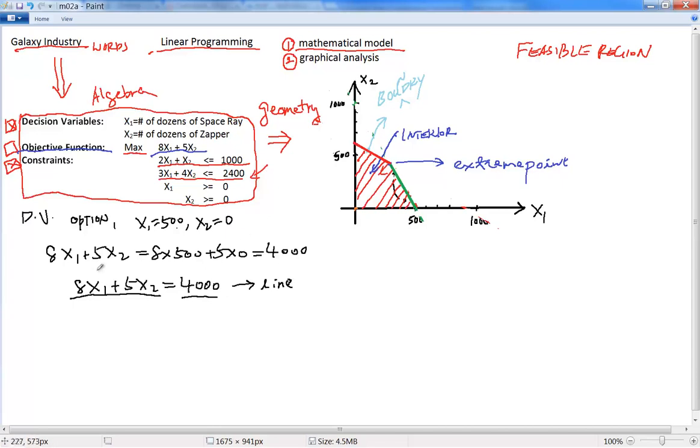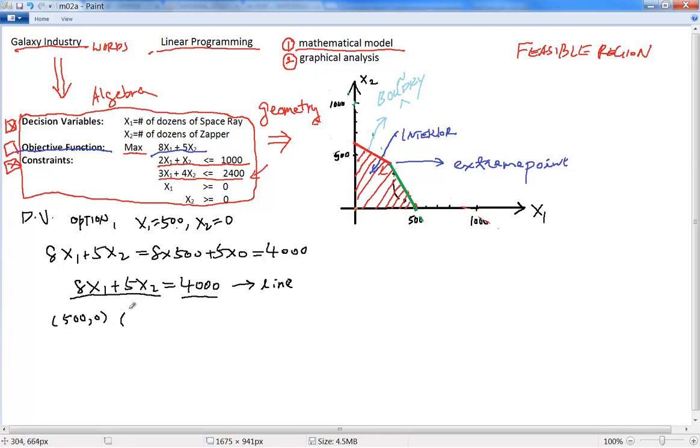We can find where the line is located by the method we used before. The idea is just to find two distinct points that lie on the line. We already know 500, 0 is on the line because that is what is demonstrated here. So we just need to find another point that is also on the line.